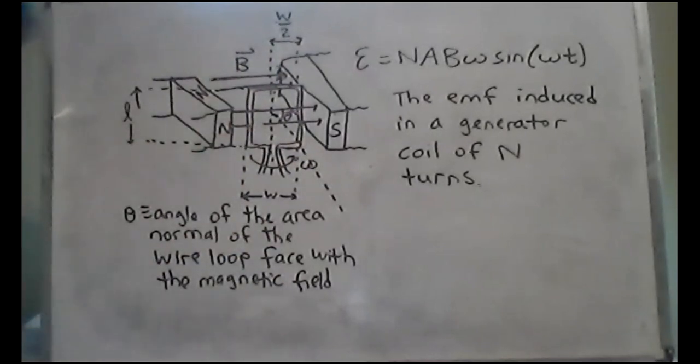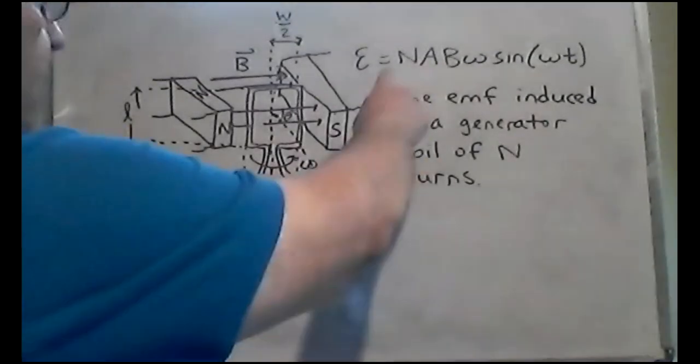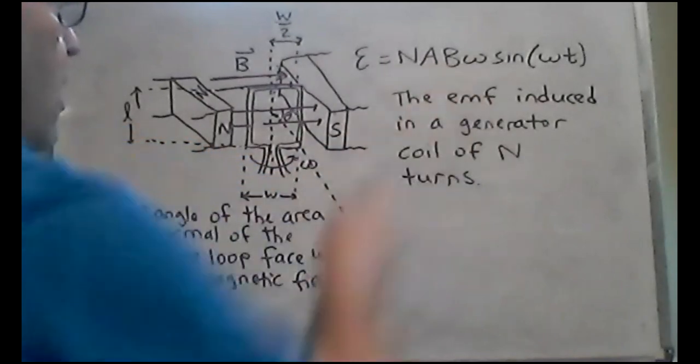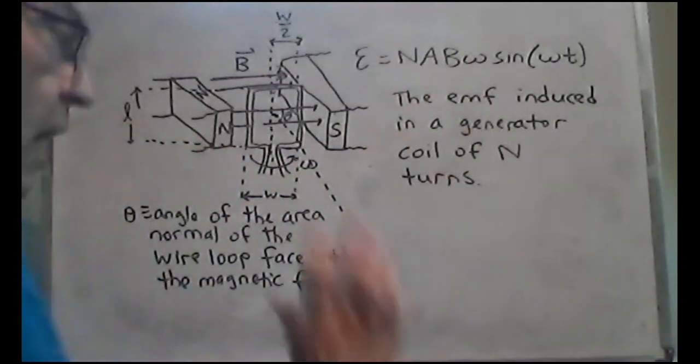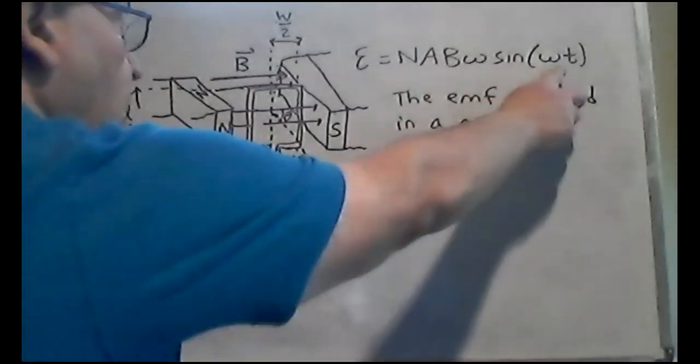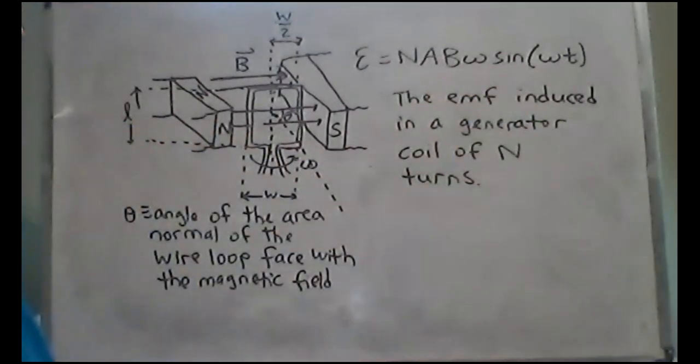Now, I can also get the maximum or peak EMF. N is constant, the area is constant, the magnetic field is constant. Omega is also constant, it's a constant angular velocity. What varies in time is the sine function.